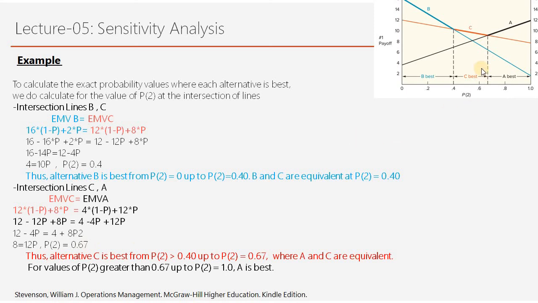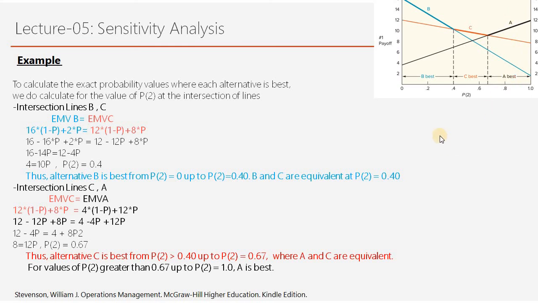So this is the point of intersection of A and C. And this gives me the second range. So when the probability of the second state of nature is between 0.4 and 0.67, then in this case, C is the best alternative. And of course, when the probability is after 0.67 and increasing to the value of 1, then A is the best.